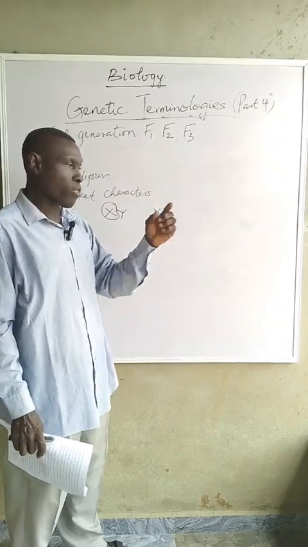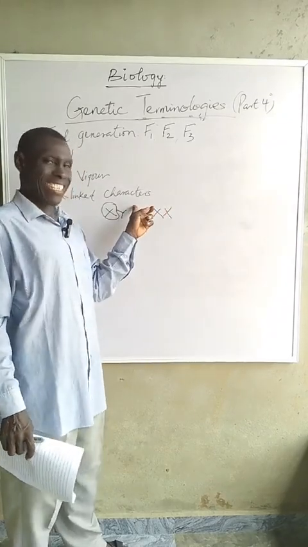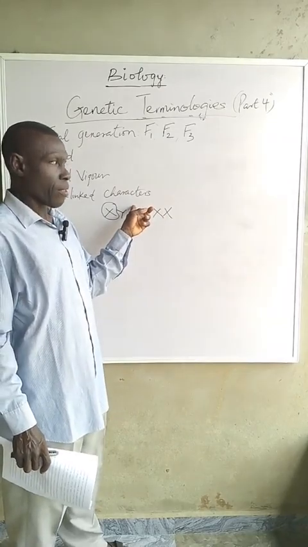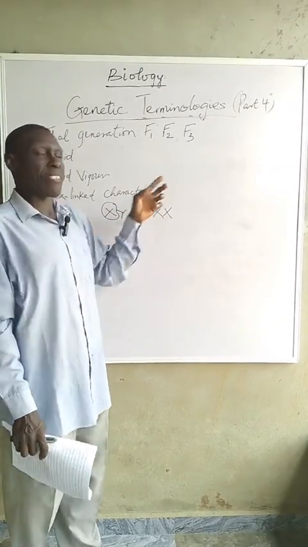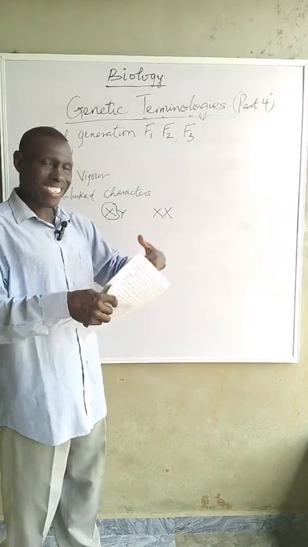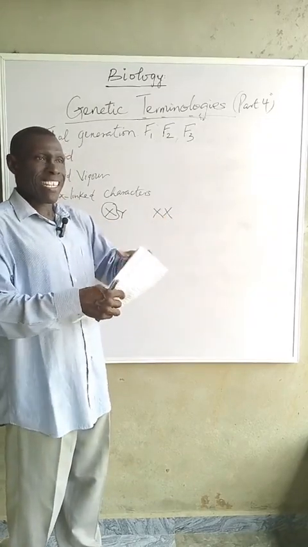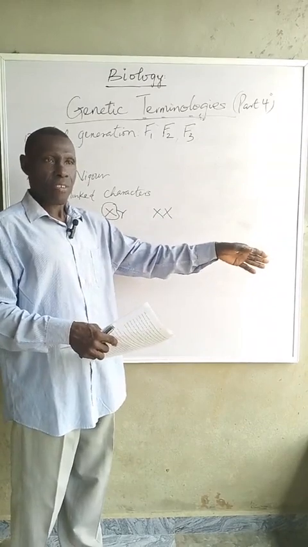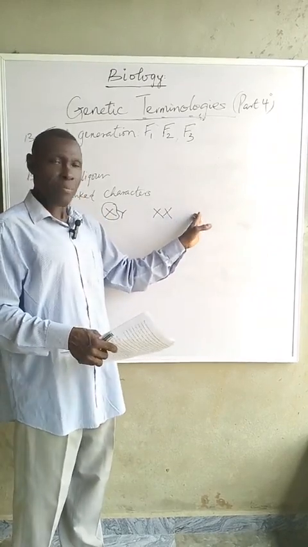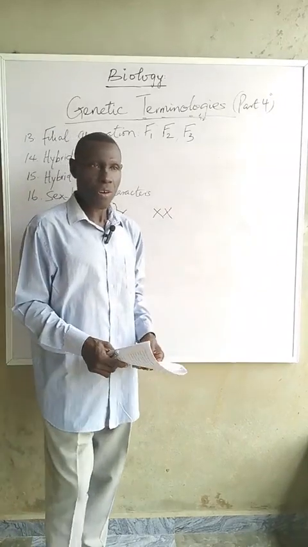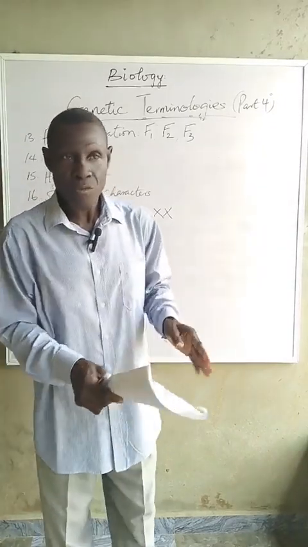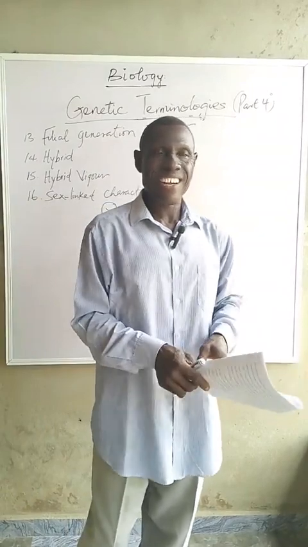So that character is a sex-linked character. It's not a matter of transferring of character again, but it's already in the gene. So the moment that gene attaches to any of the female's sex gametes, then that character will come into play. We call it sex-linked characters.